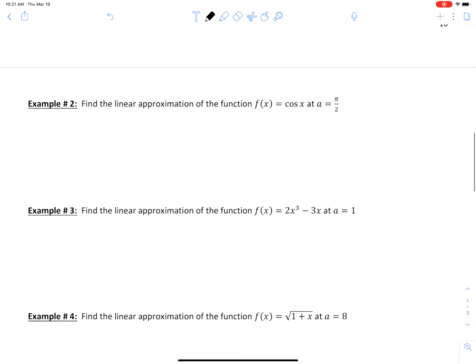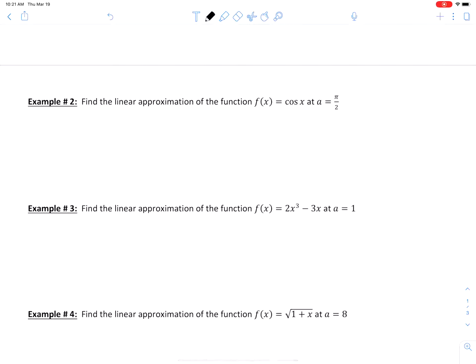Find the linear approximation of the function cosine x at a equals pi over 2. So I'm going to do my linearization, my linear approximation. My slope of the tangent line to this curve at this point is f of pi over 2 plus f prime of pi over 2 times x minus pi over 2.